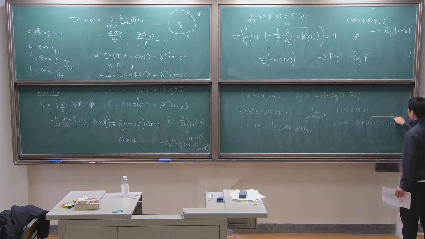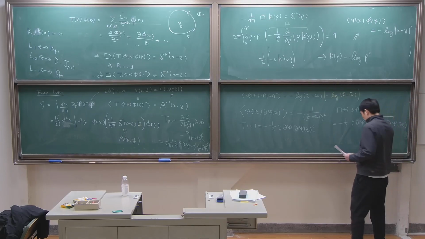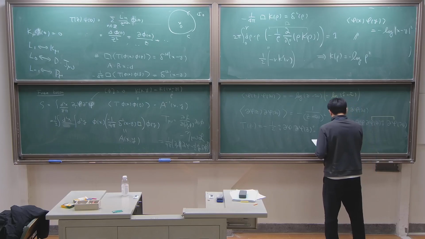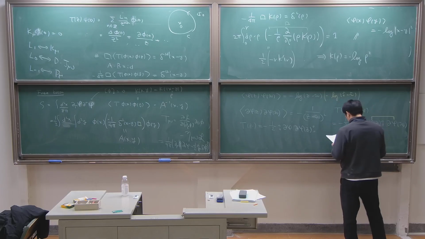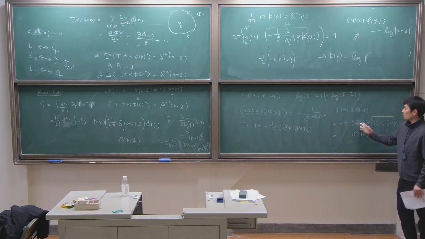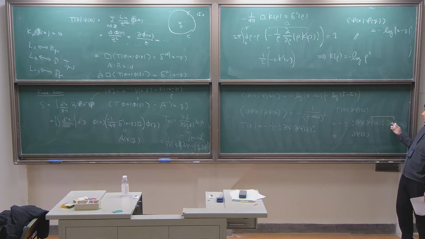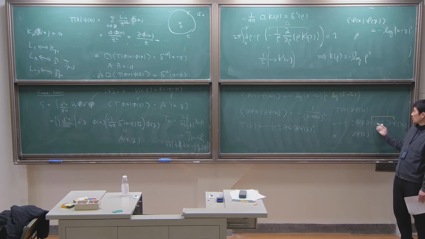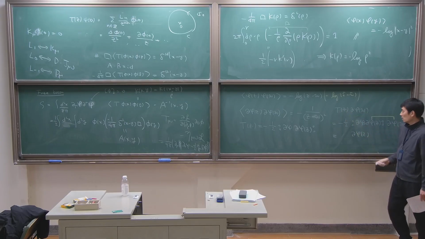The product of this will give you del phi of z. What's left is del phi, which depends on the z variable, because the stress energy tensor only depends on z.